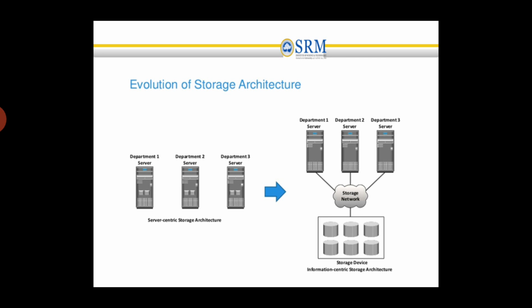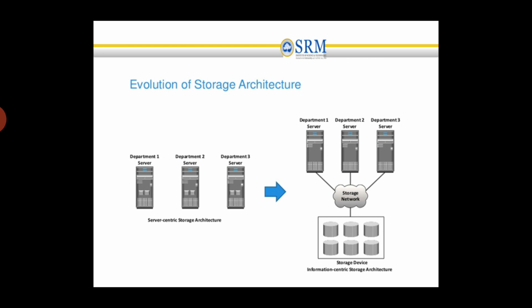And the next level can be classified as information centric storage architecture. So, based on information, I am able to access the storage. Once I store the information completely in one particular server, if it is a large volume of data, it is very difficult to access the information. It will take more time to access the information if all the data is in one particular location.